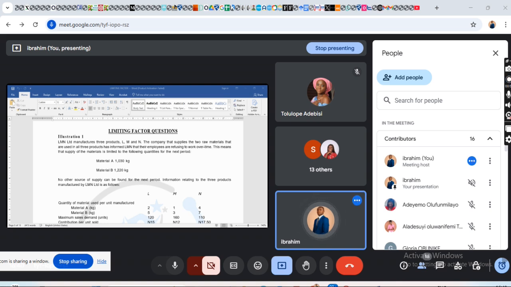Why? It is because it is a special order. That customer is special. It is very important to give that customer that particular unit. If not, something else may actually happen to the company. That is why you give preference when it is either a special order or minimum guarantee.